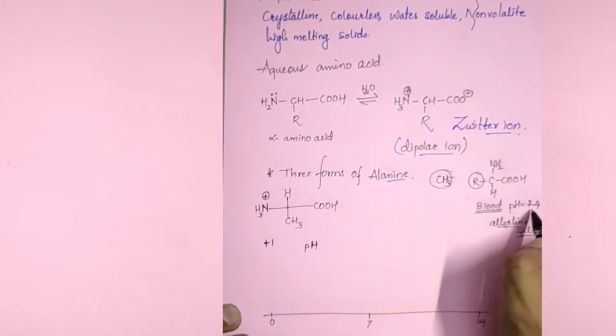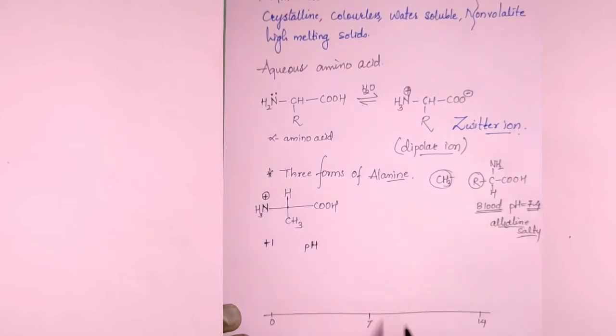So the pH is actually 7.4, that is why it is salty to taste. If the pH increases from 7.4 to more than 11, 12, then it becomes bitter in nature. So blood pH does not change, but the compounds available with the high pH are bitter in nature. If the pH is less than 7, the compound is acidic in nature.